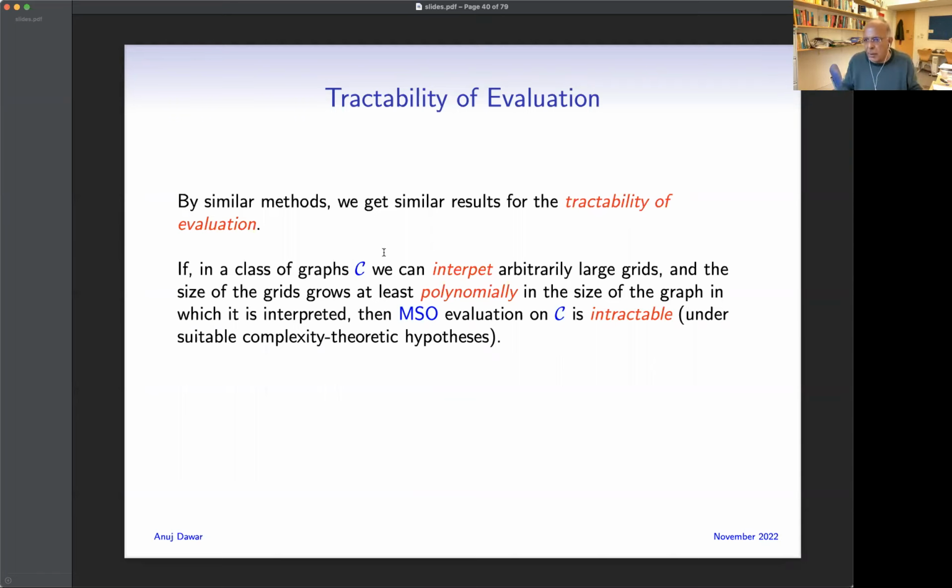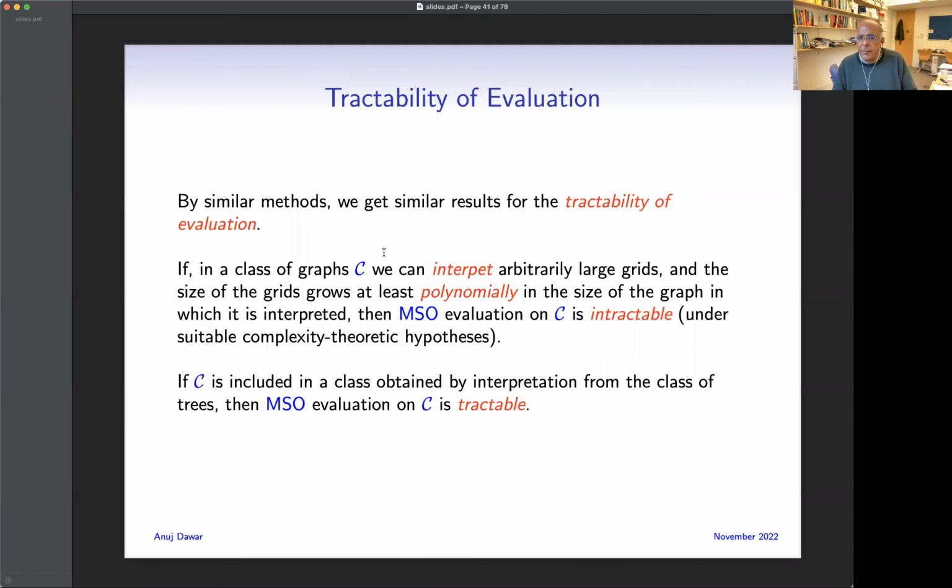If they're small, then in polynomial time on the size of the tiny grid, you can still do a lot. And similarly, if you can interpret the class in a class of trees, then MSO evaluation on C is tractable. Okay. So tractability of the evaluation problem and decidability of the satisfiability problem really go hand in hand.